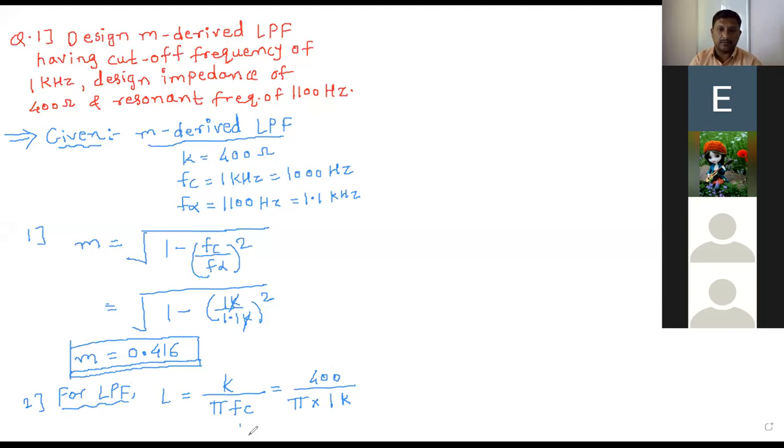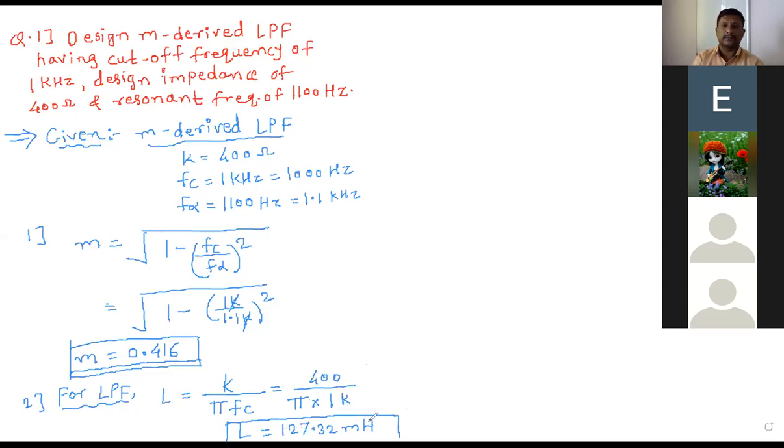Calculate and tell the L value. 0.12732, that is 0.127 Henry, or we can consider 127.32 millihenry. If you are taking 1 kilohertz in the denominator, it becomes milli. So you can calculate 400 divided by pi.